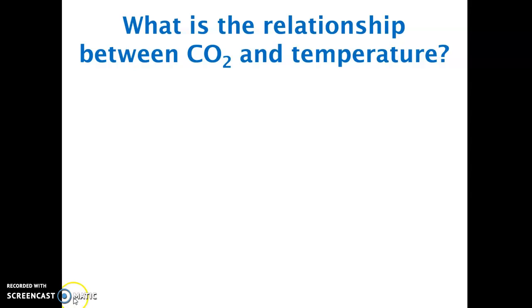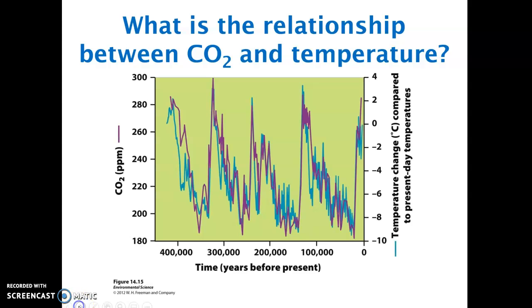We are going to look at the information on carbon dioxide and how it is tied to temperature changes. So, what is the relationship between CO2 and temperature? So we have yet another graph here.